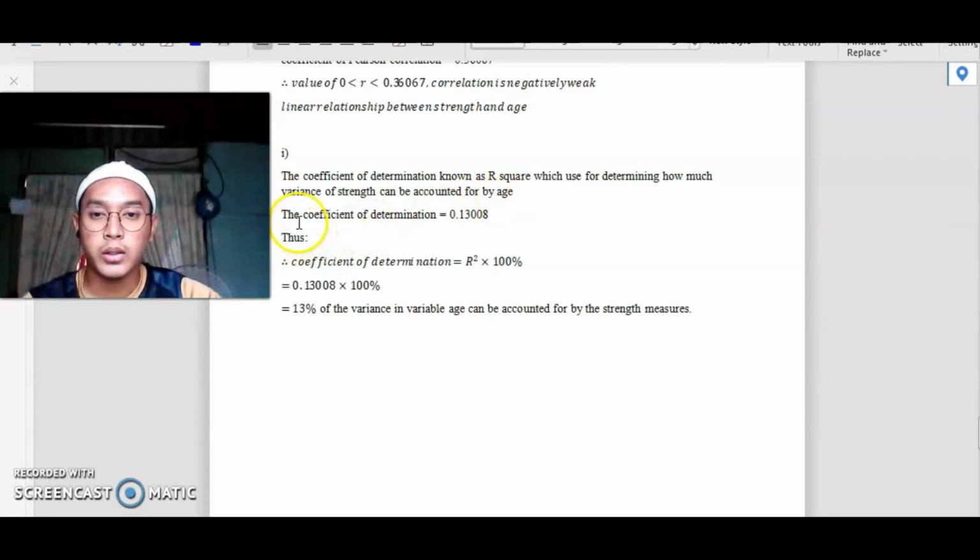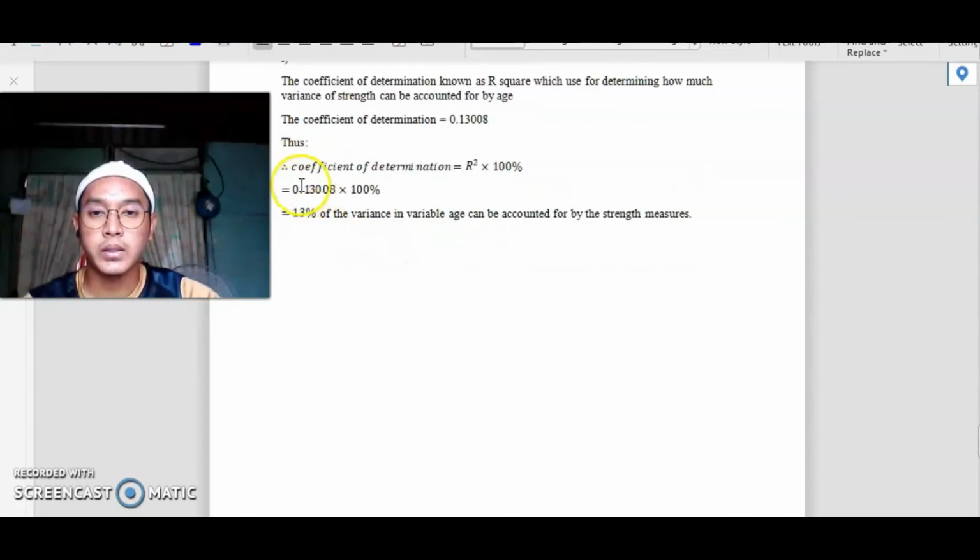The coefficient of determination is equal to 0.13008, and thus the coefficient of determination equals R square multiplied by 100%, which is 0.13008 multiplied by 100%, and then we get 13% of the variance in variable age can be accounted for by the strength measure.